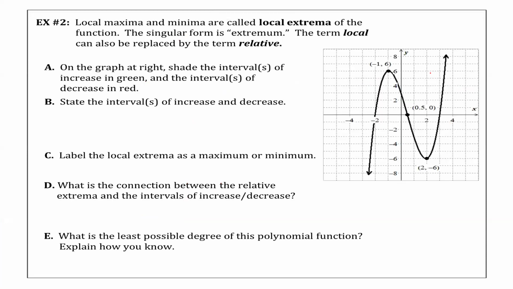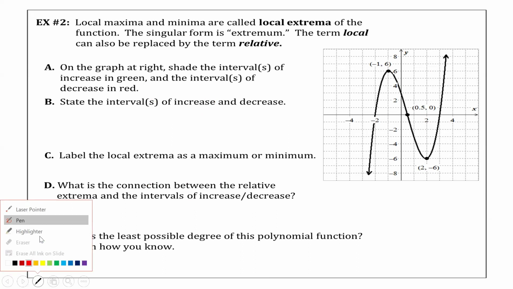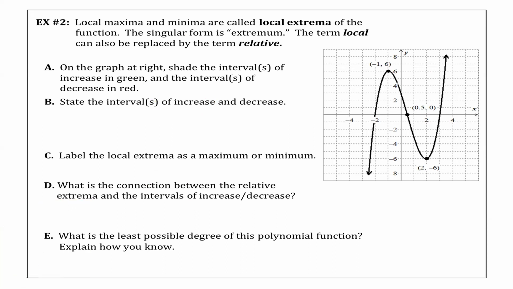Good? Okay, so on the graph over here, we're going to shade the intervals of increase in green and the intervals of decrease in red. If you don't have that, you can just do lines or just label I and D. However you want to do it, it's up to you. So we're going to start off with increase. I'm going to label where I increase in green.